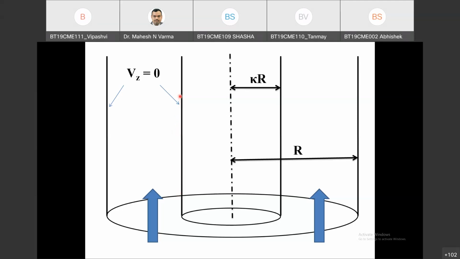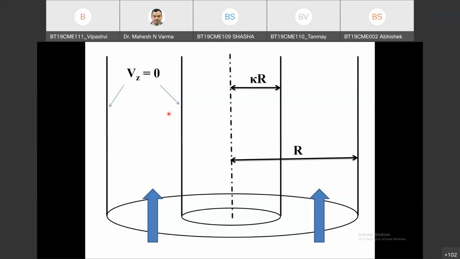The drag force exerted by the inner tube will involve surface area 2 pi kappa R into L, while for the outer it will be 2 pi R L. As this surface area is not the same, it will not be symmetrical.